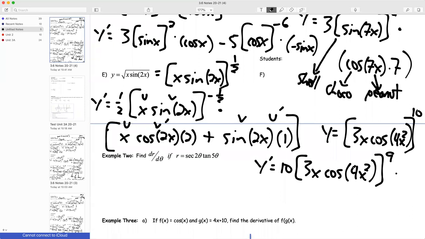There are two terms. First term is 3x. The second term is cosine of 4x squared. They're multiplied together, so I've got to use the product rule. Let me put my little brackets here.